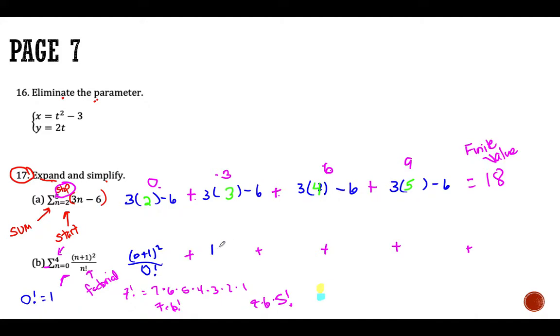Then we're going to enter 1 plus 1 squared over 1 factorial. We're going to evaluate each one of these expressions and then sum them all, and check that I have entered 0, 1, 2, 3, and 4.